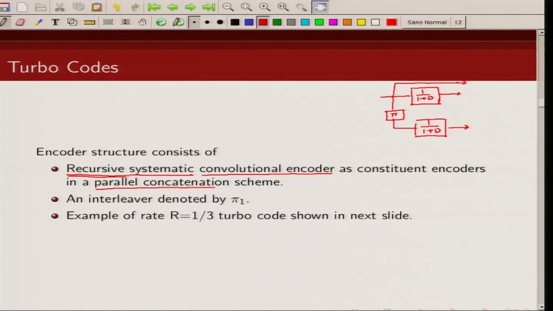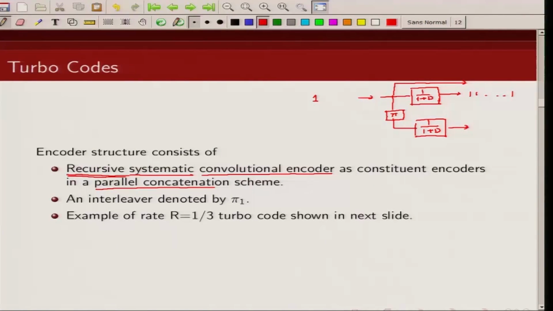So, let us look at a weight 1 sequence, let us say 1 and all zeros. So, that is just 1. Now, if this input comes in here to this particular encoder, note this will produce an infinite length of 1s, and the same 1, when it comes here after interleaving, will also create a large number of 1s.